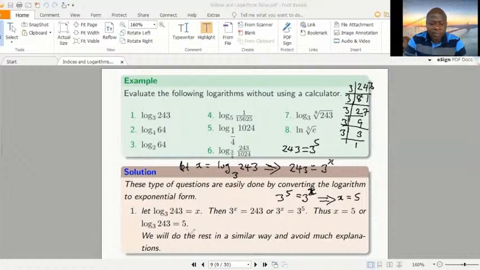And that's what I did. Therefore the log of 243 to base 3 is 5. I'll be showing you how to do this question later using a calculator. Of course, your calculator has base 10, and this base is not 10. So I'll be showing you how to do this question using a calculator later.